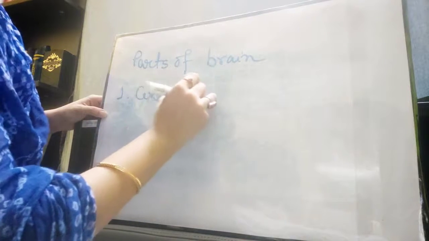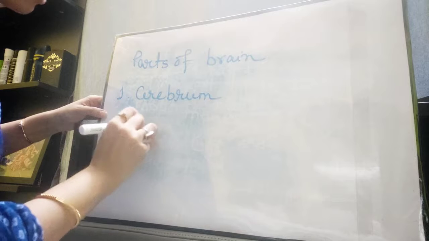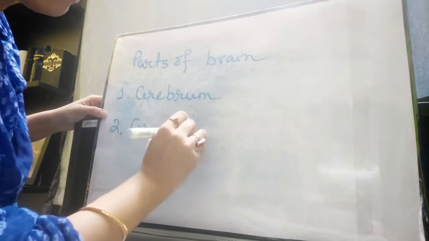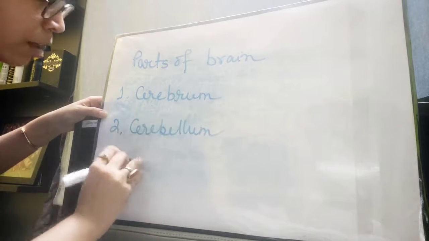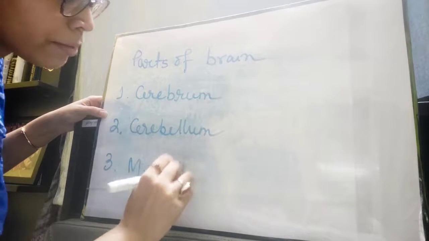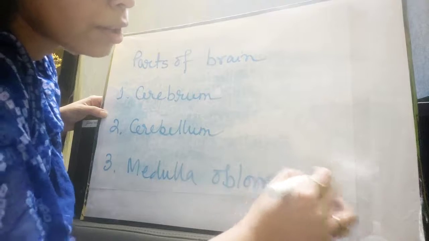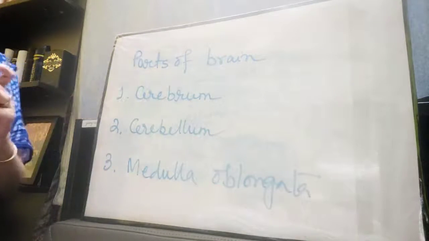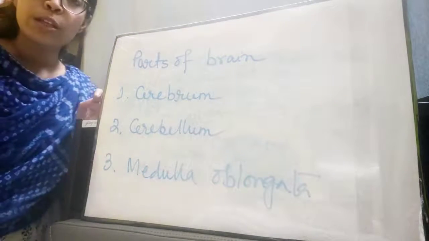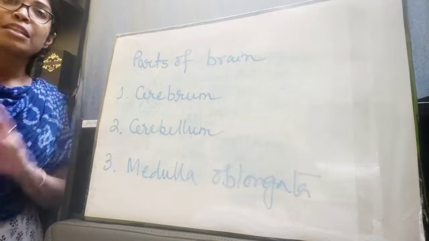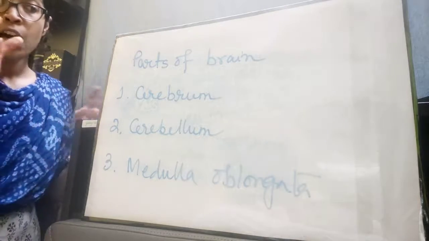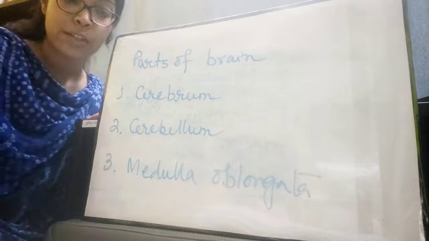Number 1, cerebrum. Number 2, cerebellum. Number 3, medulla oblongata. So these are the 3 different parts of the brain. I will show you the picture how the differentiation of the brain has been done for these parts. Okay, so let's move on with that.